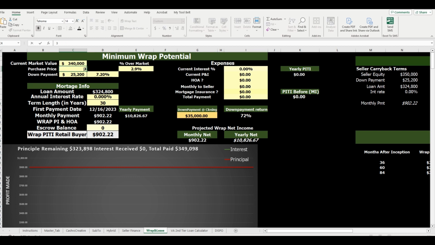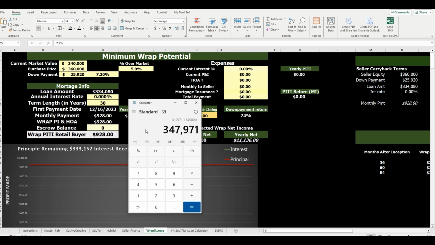Let's bump this up to, let's say, $360,000. We're going to have to adjust this greatly, by about $15K. We want to get this loan amount higher than the $347,000, and you'll see why in a sec.